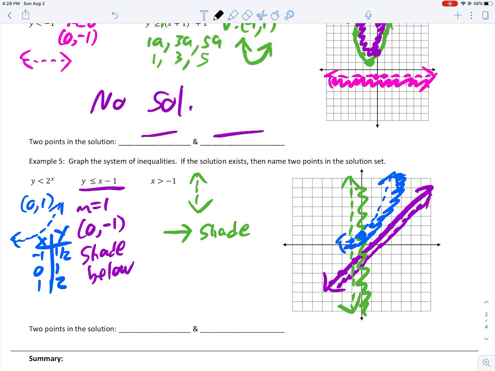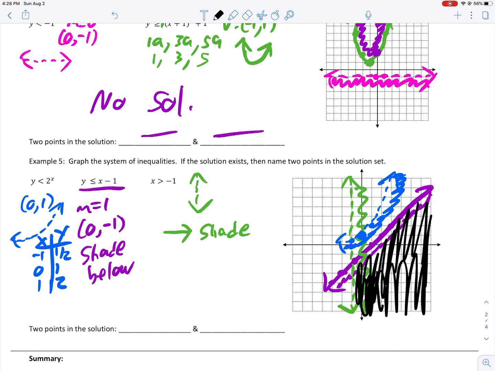So eventually we're going to get an overlapping region if I kept shading the blue. Right? Eventually this here would be your overlapping region, because the blue just keeps going. So there is a solution.